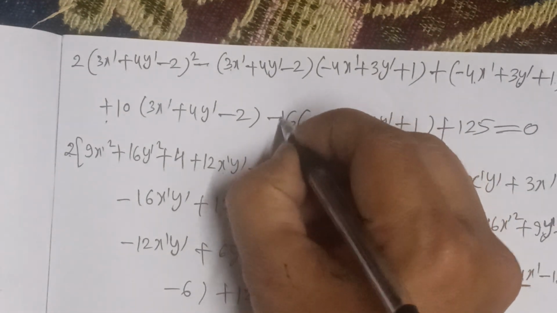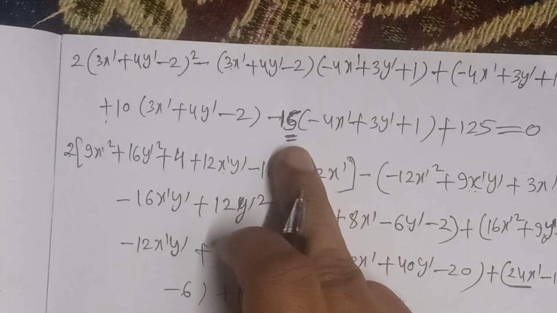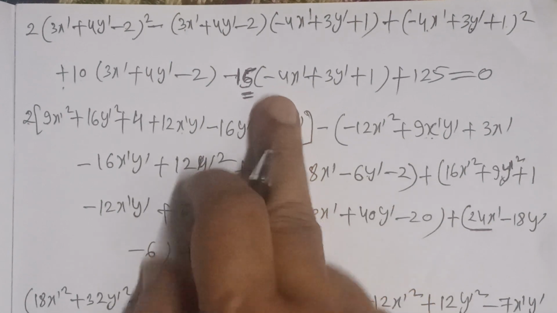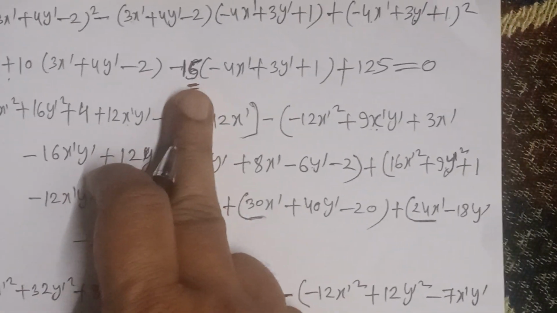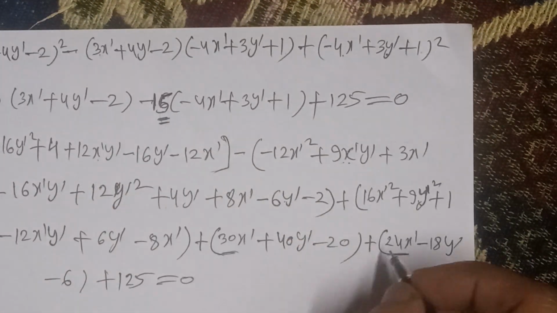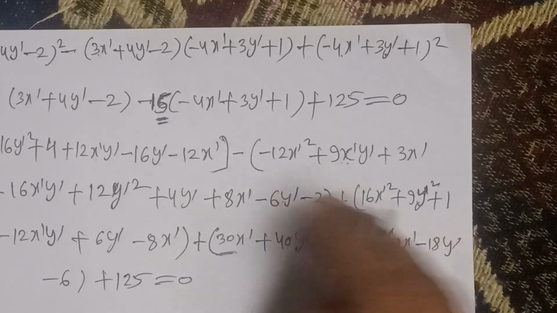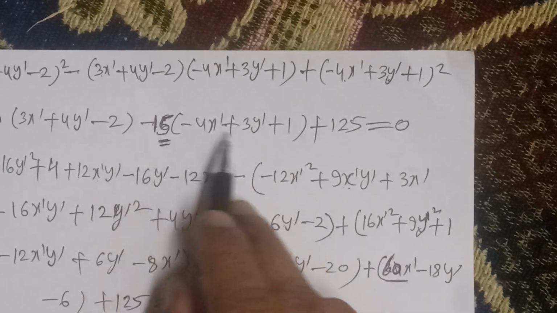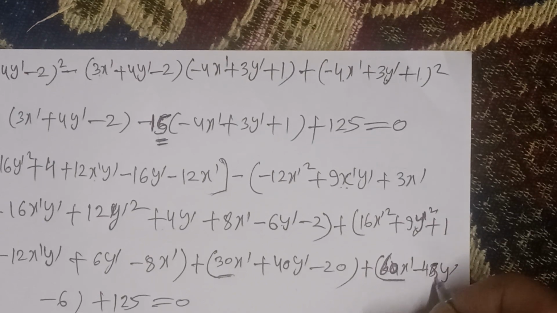So I change it to 15, and after it the calculation will change. So this is very bad. This becomes plus 60, so I write here 60, and when this value is multiplied by this, we get minus 45. All coefficients will change.